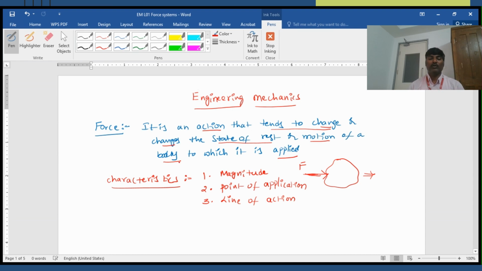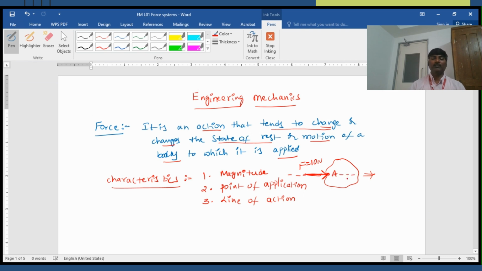So if you want to identify or if you want to represent a force or to draw a force, you need these three characteristics to be mentioned. So for example, here you see I have applied a force on this body at this point, let us say A. I have applied a force of, let us say, 10 newtons, and I have applied this force in this direction.